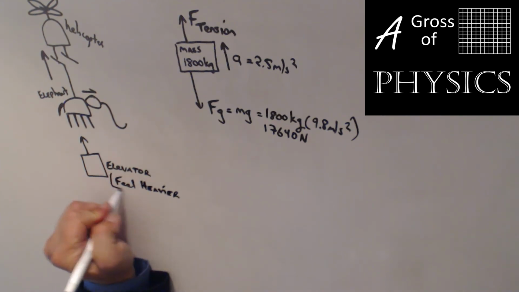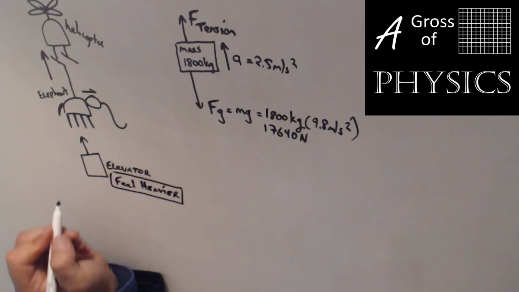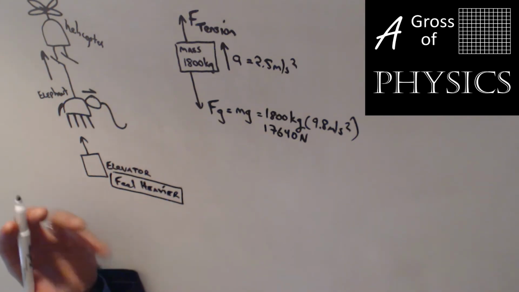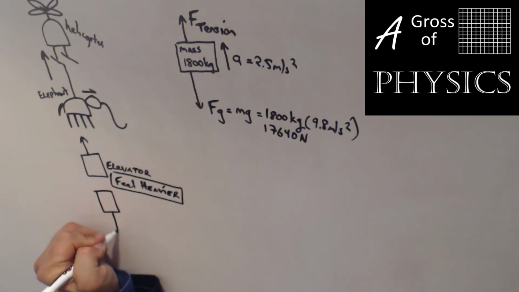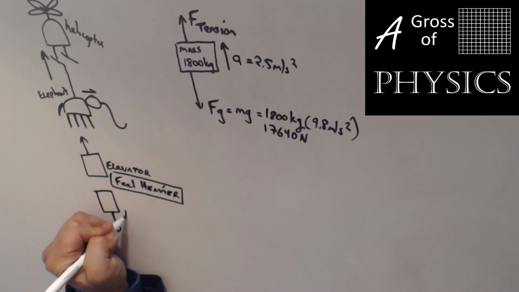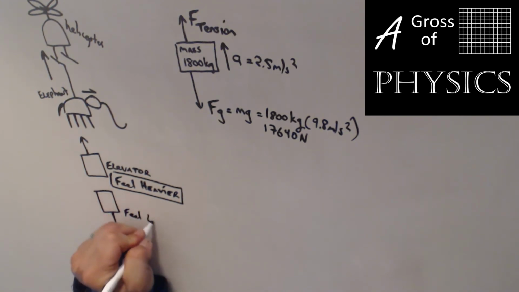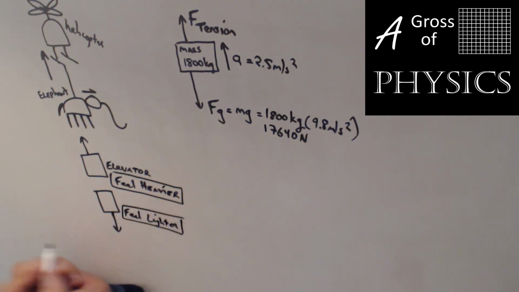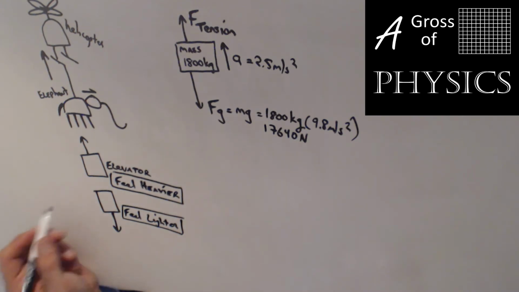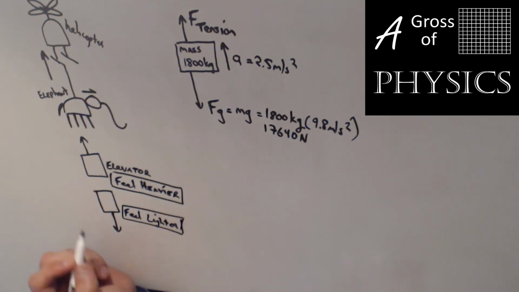So as the elevator moves upward and accelerates upward, you will have a larger value on the scale. On the other hand, if the elevator were to move downward, you would feel lighter. And if you want to lose weight quickly, go in an elevator and have the cable cut. You will be weightless for a brief amount of time. Unfortunately, when you hit the ground, you will also be injured.